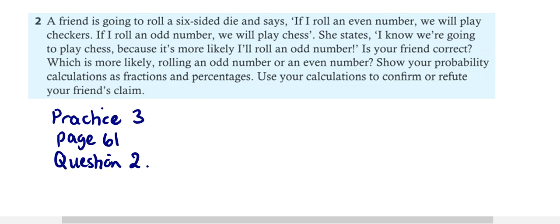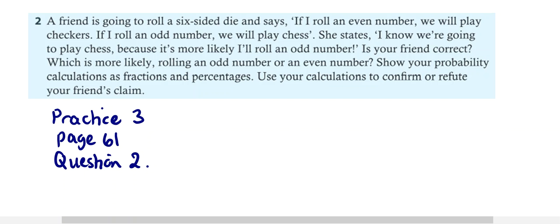Is your friend correct? Which is more likely, rolling an odd number or an even number? Show your probability calculations as fractions and percentages, and use your calculations to confirm or refute your friend's claim. Okay? Does that all make sense?